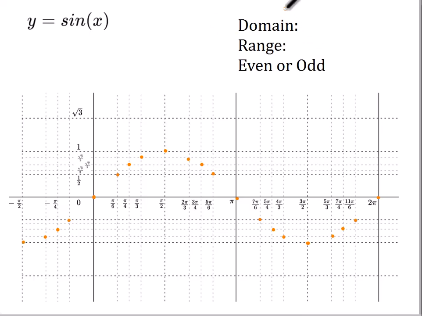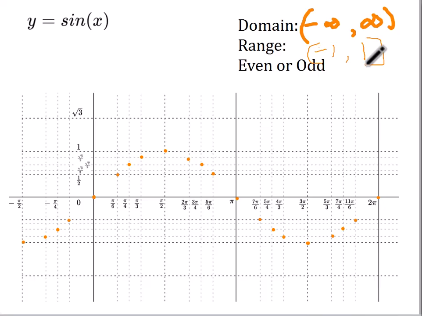Hopefully you also see that the domain for this is negative infinity to positive infinity. My handwriting is going to be atrocious, sorry. On the range, the bottom value is negative 1 and the top value is positive 1, so this is going to be negative 1 included to positive 1 included.